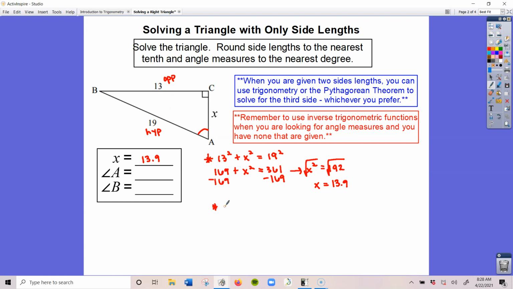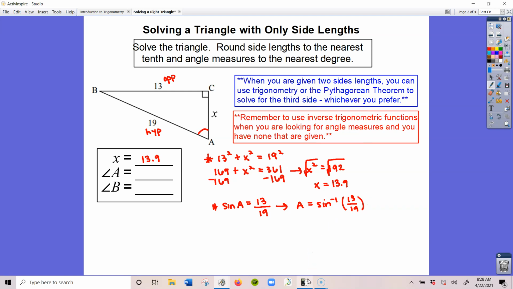So we would say that the sine of A is equal to the opposite, which is 13, over the hypotenuse, which is 19. Remember that when we're trying to solve for an angle, this is when you use the inverse of the trigonometric function. So A would equal the inverse of sine of 13 over 19.